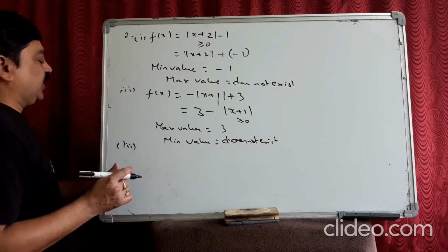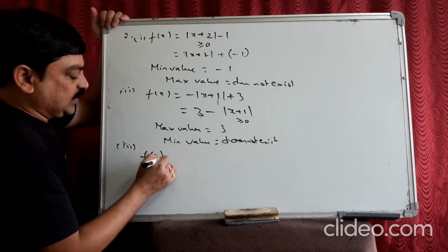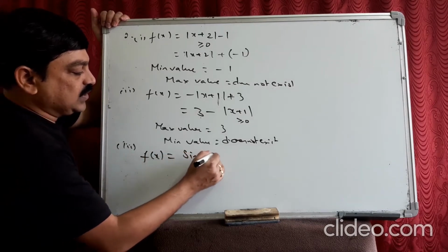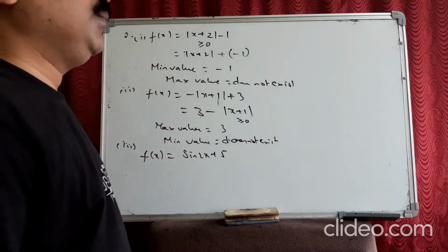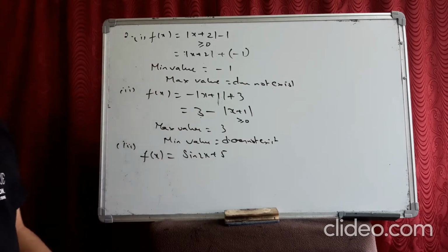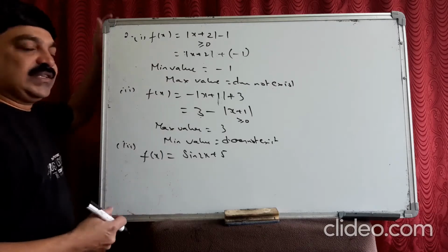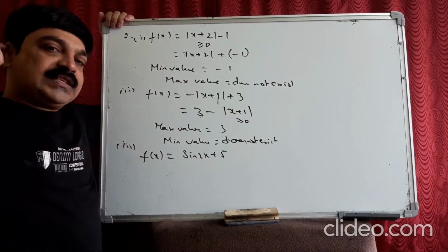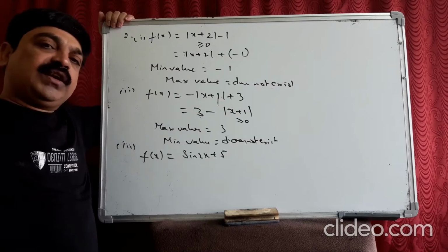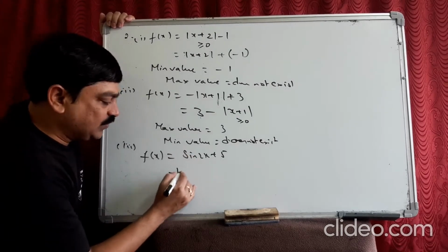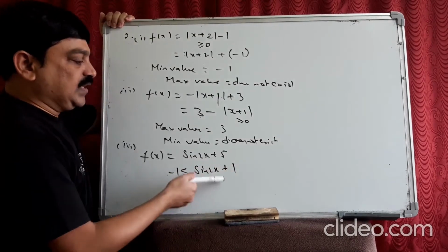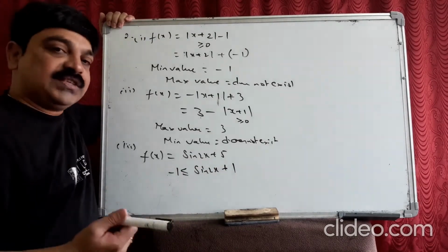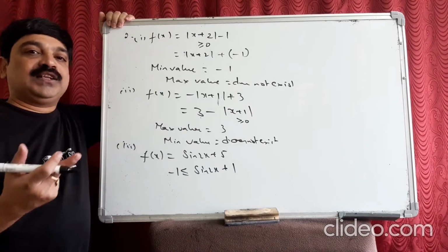f(x) is equal to sin 2x plus 5. Whenever you have some trigonometric functions, you can find out maximum and minimum values very easily, because we know the maximum and minimum values of some trigonometric functions. Sin theta and cos theta, whether sin 100 or cos 100, whatever it may be, always they lie between minus 1 to 1, plus 1. You may ask, sir, if it is sin 100x, yes, even sin 100x lies between minus 1 to 1.